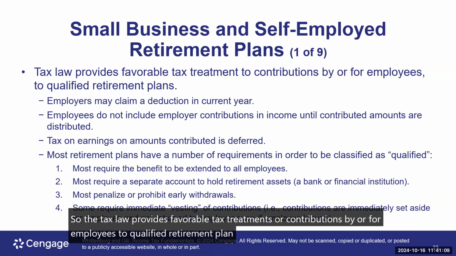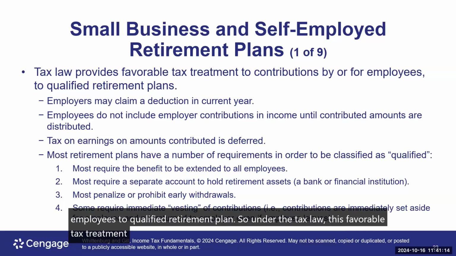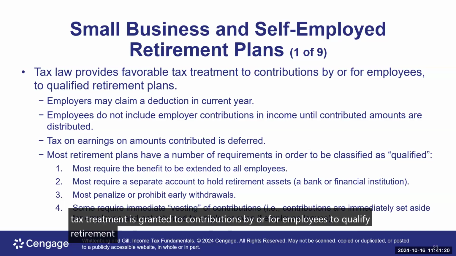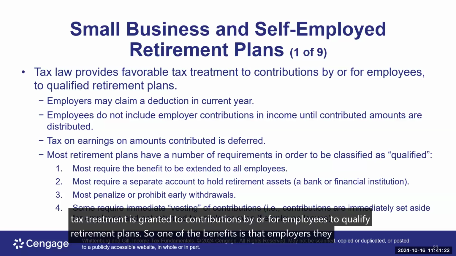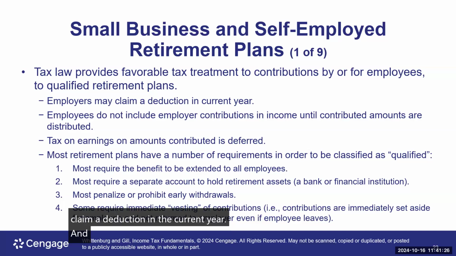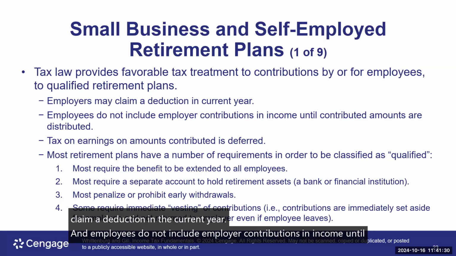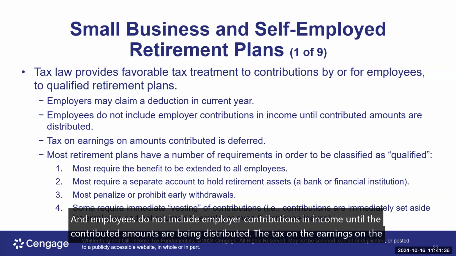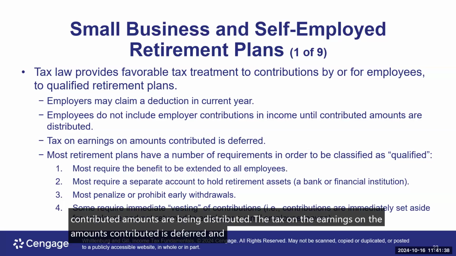One of the benefits is that employers can claim a deduction in the current year, and employees do not include employer contributions in income until the contributed amounts are distributed. The tax on the earnings on the amounts contributed is deferred.